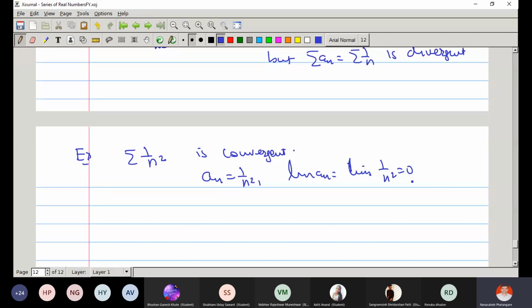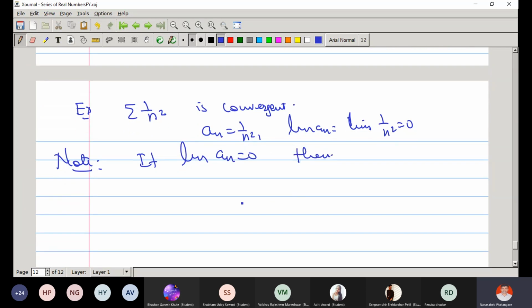So if limit an is equal to 0, then series an may converge or may diverge.